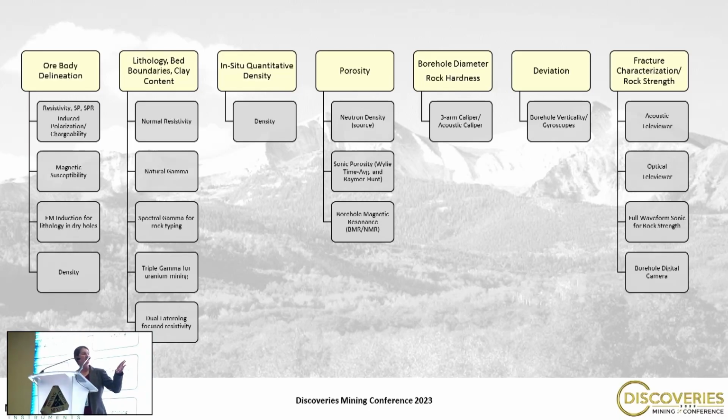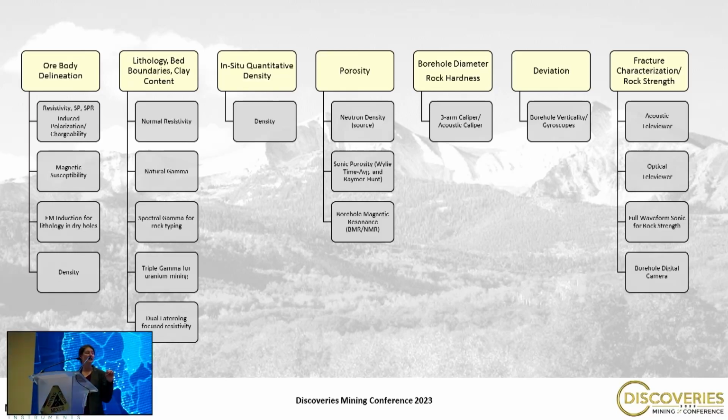So what you can see here is there's different applications for each of these things. If you're looking at ore body delineation in a borehole, you can apply different applications like resistivity, induced polarization, density, magnetic susceptibility. If you're looking at lithology, characterization and differences in rock type, then you can apply things such as gamma, natural gamma, spectral gamma.